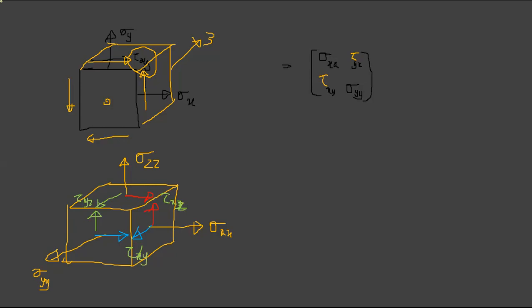So you can even write this in a tensorial form. This tensorial form is not rocket science. It's how we write these as a two-dimensional array, that's it. No big deal with that, right? So you can just write sigma x, this is tau xy.